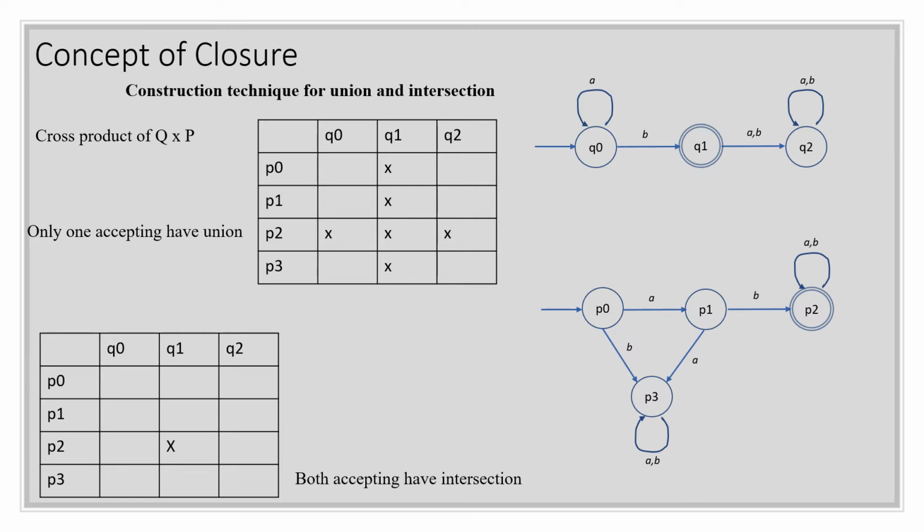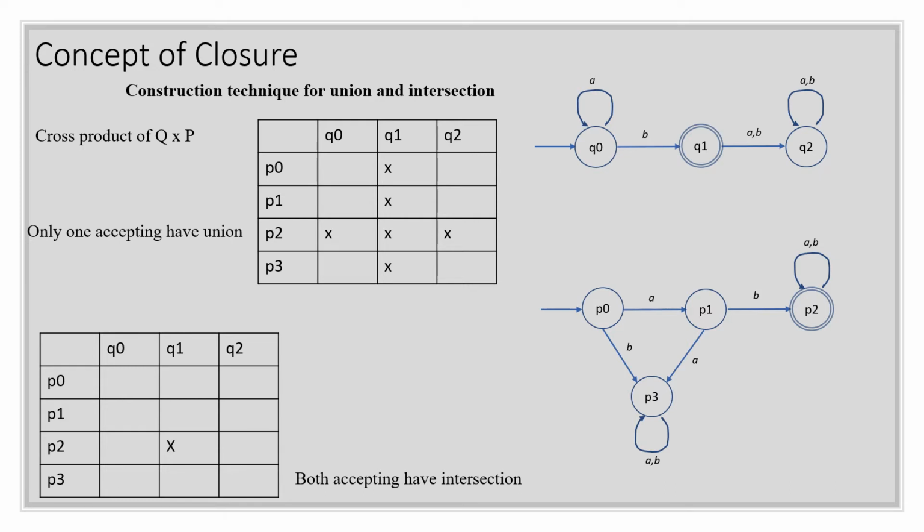So what we're going to do is use the cross product of two DFAs to create a new DFA, and if you have two accepting states in the cross product, then that would be the new accepting state of the intersection of the two languages. You can also use this technique for union, but there are other techniques that can be used for union as well. All right, so let's get started on how we do the cross product of two languages.